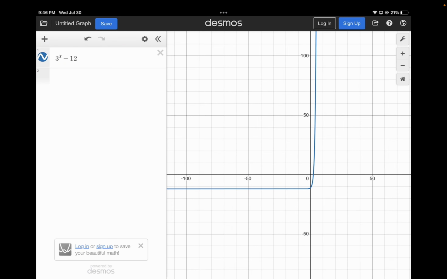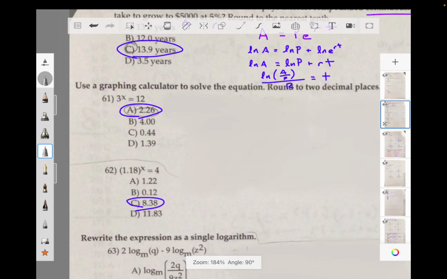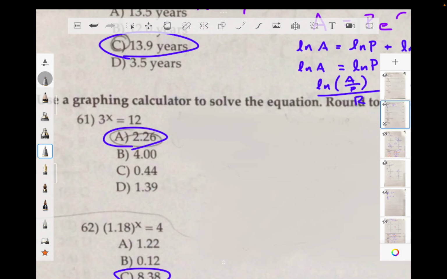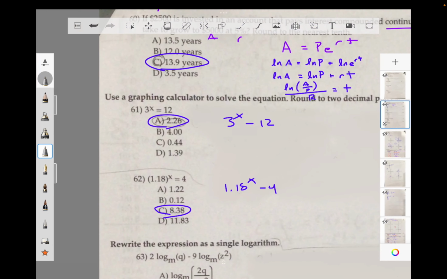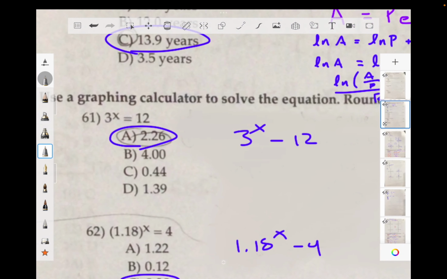1.18 to the x equals 4. So 1.18 to the x minus 4. This one crosses at 8.375, which is 8.38. Now you might be wondering why I'm graphing 3 to the x minus 12, or in this one I'm using 1.18 to the x minus 4. If you want to graph it as a line, you have to set it equal to 0.